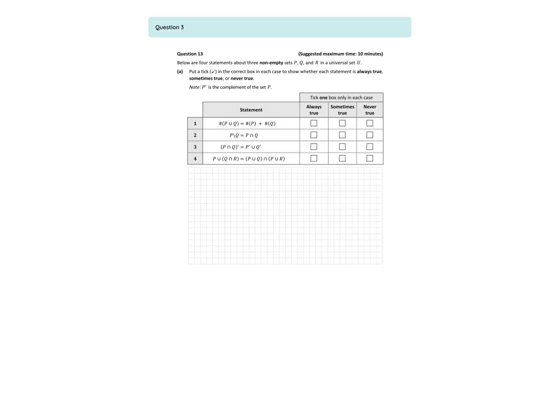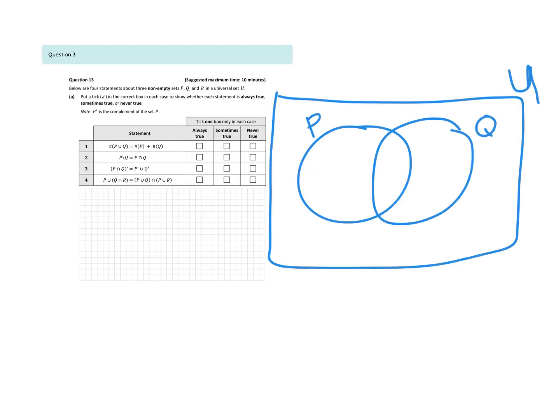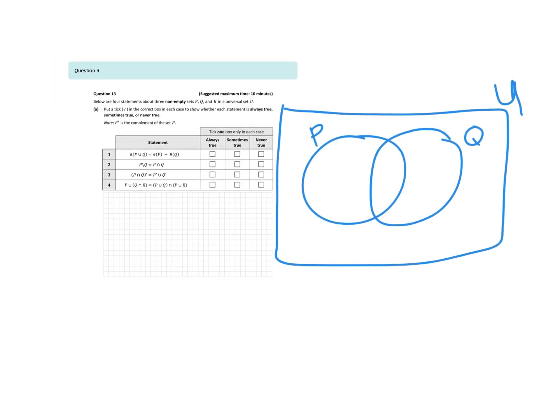On to question 3. We're going to say if these are always true, sometimes true, or never true. So we really want to go through this quite slowly. I've drawn a nice Venn diagram here to help us out with P and Q in it. Hopefully that will help things along. So the cardinal number of P union Q is equal to the cardinal number of P plus the cardinal number of Q. That one isn't always going to be true, because if there's something in the intersection, when we add up the cardinal number of P, we'd count it, and if we add up the cardinal number of Q, we'd count it.